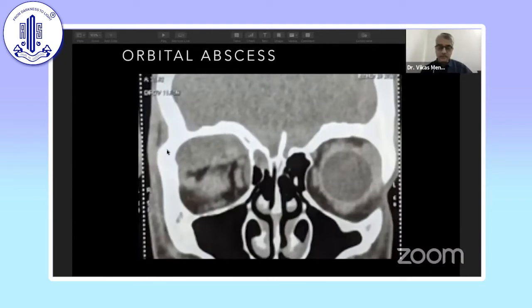It's not exactly a tumor. If you notice carefully, there is this hypodense area surrounded by hyperdense adjacent tissues. This is how an orbital abscess in the initial stage can sometimes look.